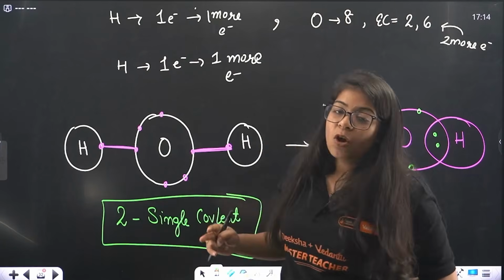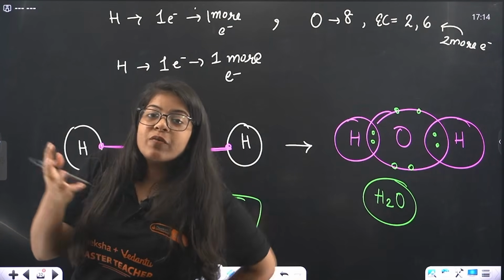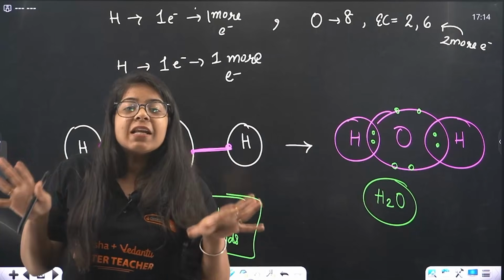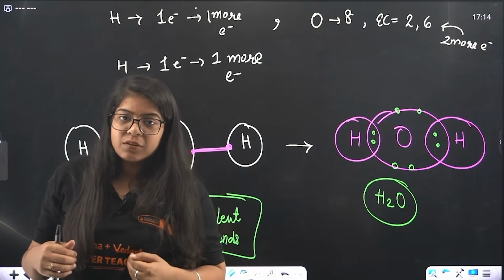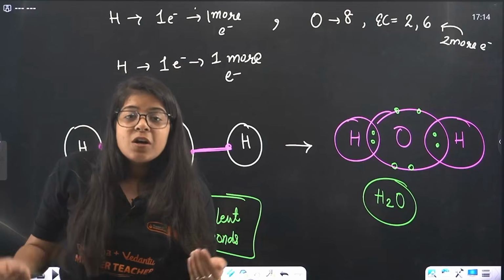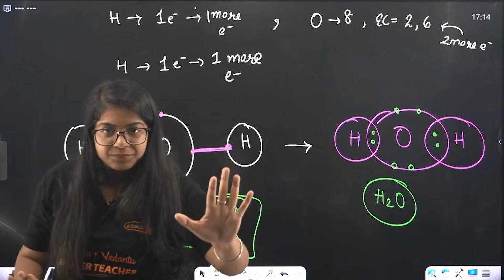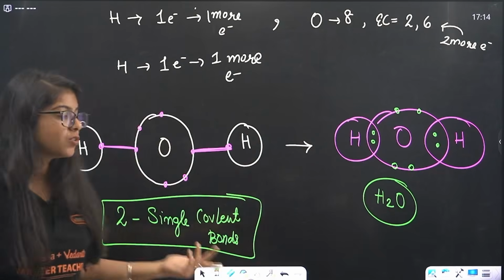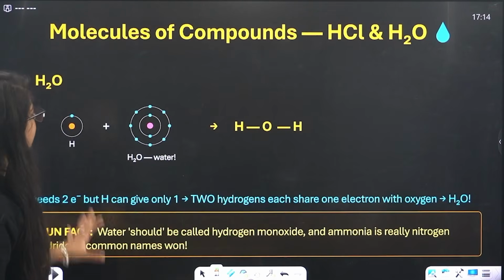Oxygen needed 2 electrons, hydrogen needed 1 electron. So we took 2 hydrogens, gave 1 electron to each hydrogen, and each hydrogen gave oxygen 1 electron. So that is the molecular formula of H2O. Understood how they share electrons? Great.